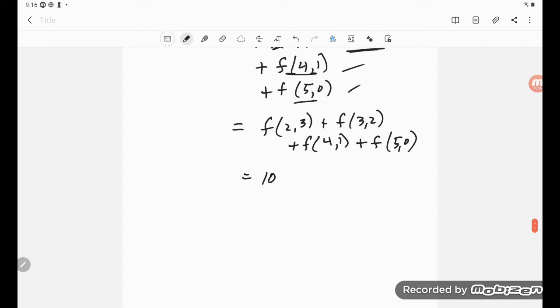And so that's 10 p squared q cubed plus 10 p cubed q squared plus 5 p to the 4th q plus p to the 5th.